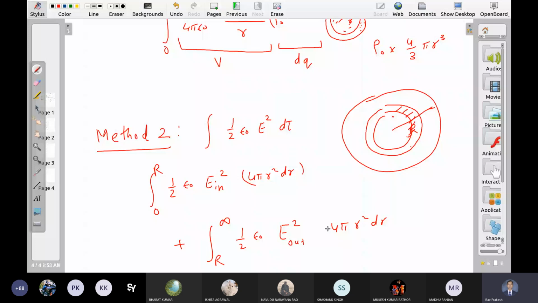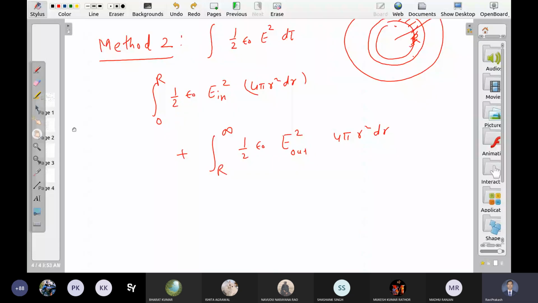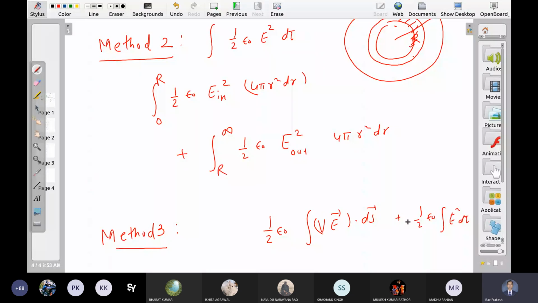Method 3 is this. Calculate this integral. Half epsilon naught V E dot ds plus half epsilon naught E square d tau. But hold on, what is the limit here? What is this ds?